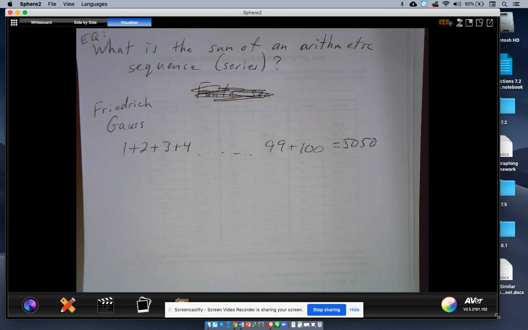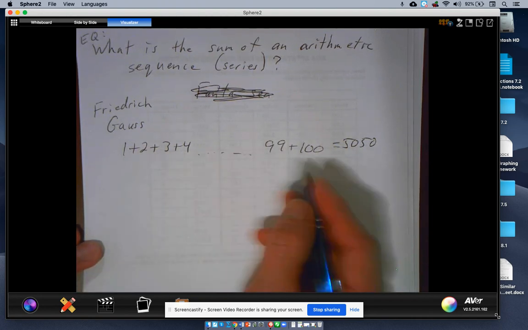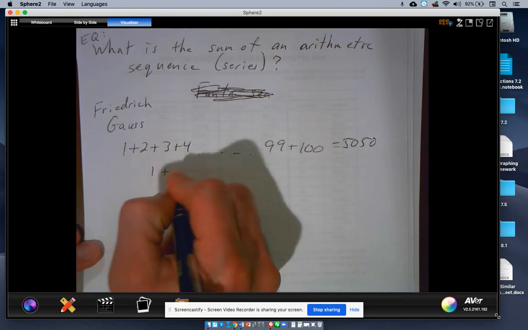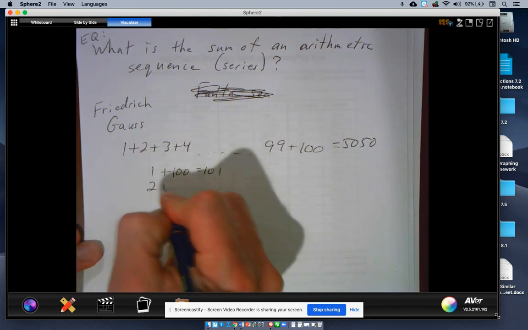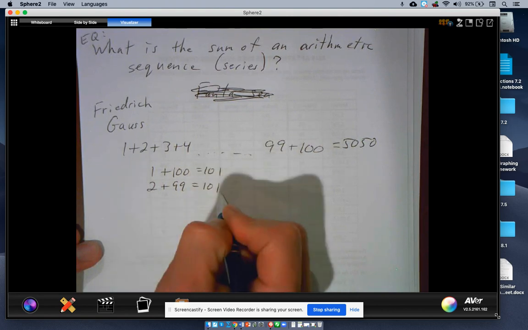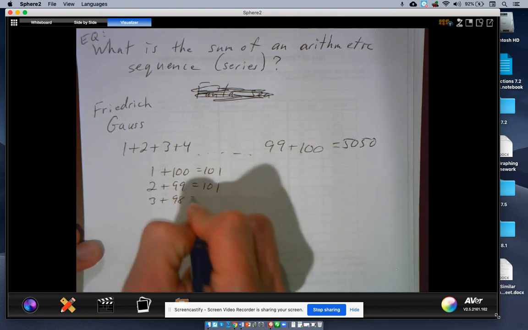So Gauss showed his teacher, and what Gauss did is he said, well, if I take 1 plus 100, that equals 101. If I take 2 plus 99, that equals 101. And 3 plus 98, and that equals 101.